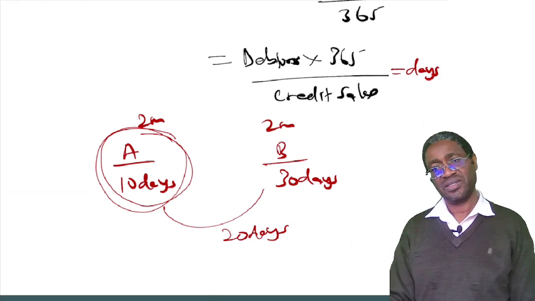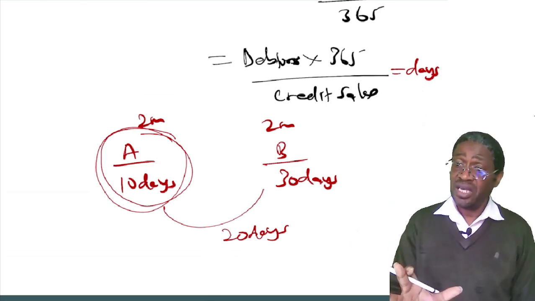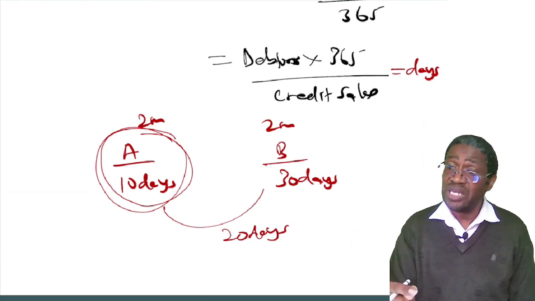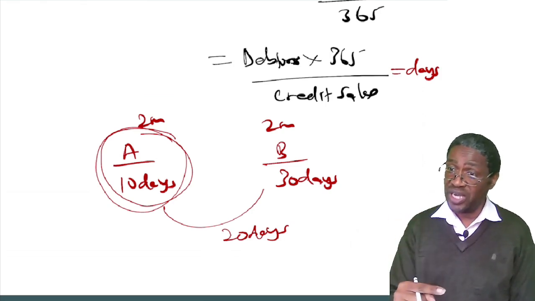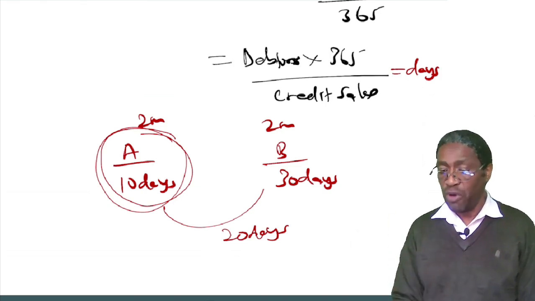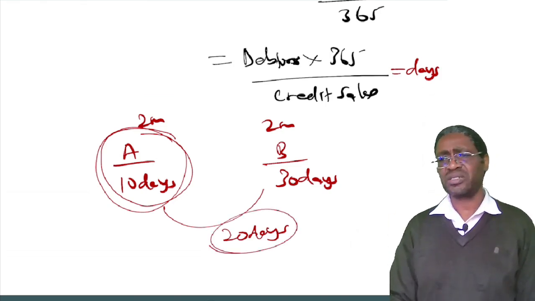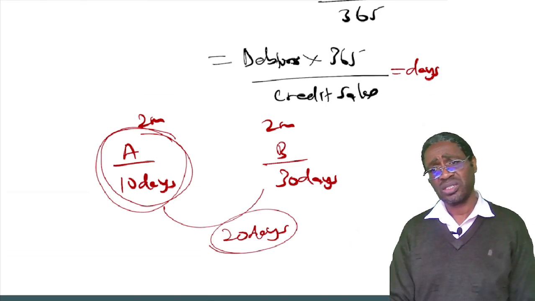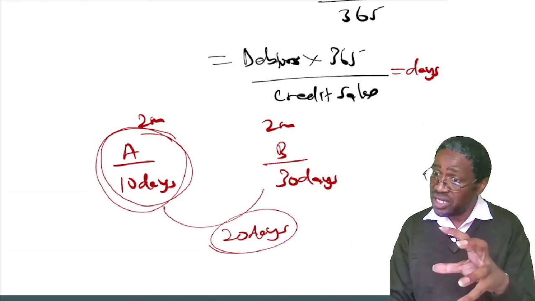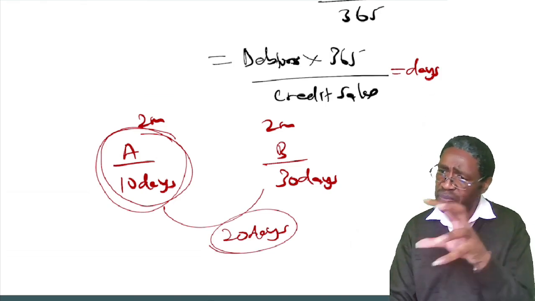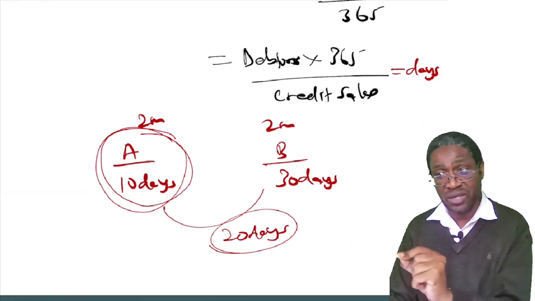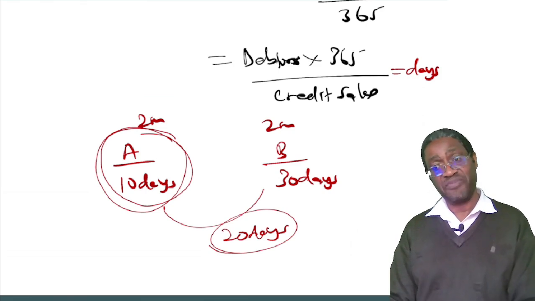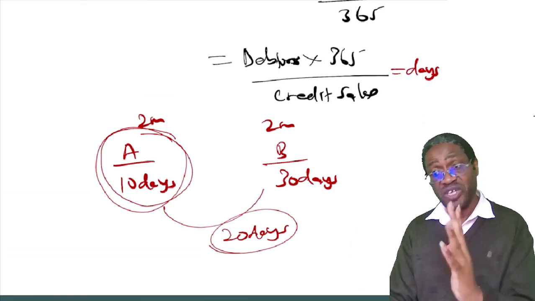So I, A, can utilize my 2 million elsewhere to generate profit before you get your cash. So we normally say, the shorter the period, the better the firm, because of different reasons.